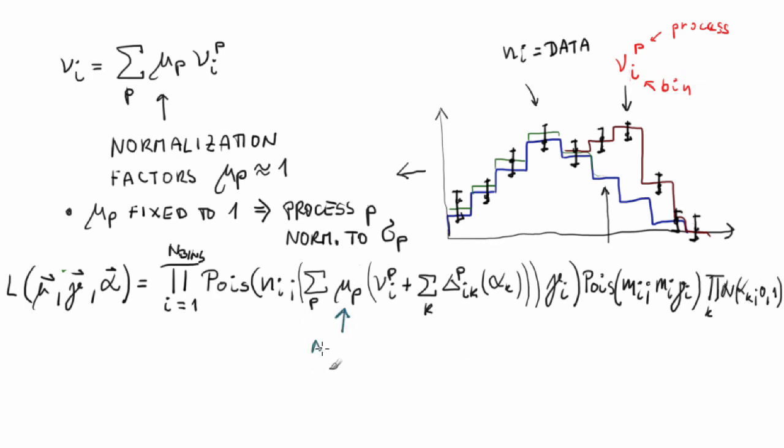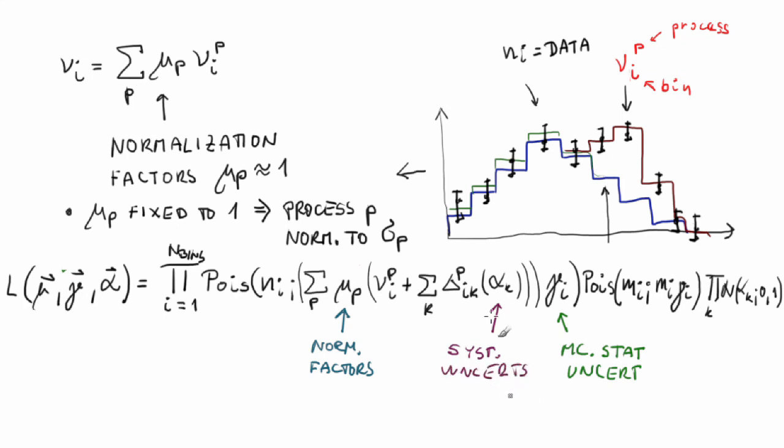Recall that we have one normalization parameter μ_p for each free-floating Monte Carlo histogram. We have one γ_i parameter for each bin of our histogram. And we have one parameter α_k for each source of systematic uncertainty in our analysis.